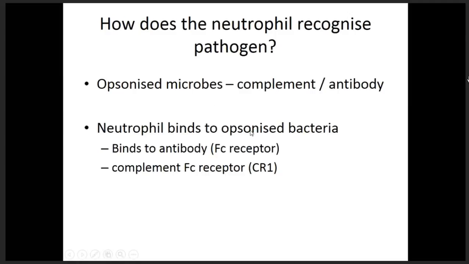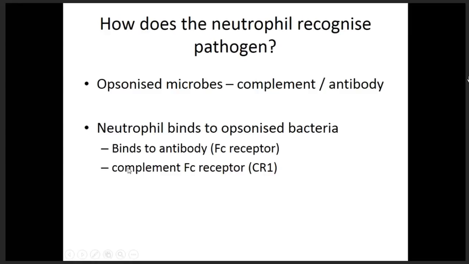The neutrophil then binds to the opsonized bacteria, and it does this through binding to the antibody through the Fc receptor. The Fc receptor binds to the Fc region of the antibody, which enables it to engulf the pathogen and the antibody.